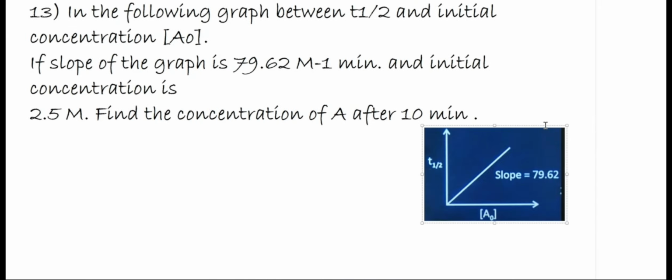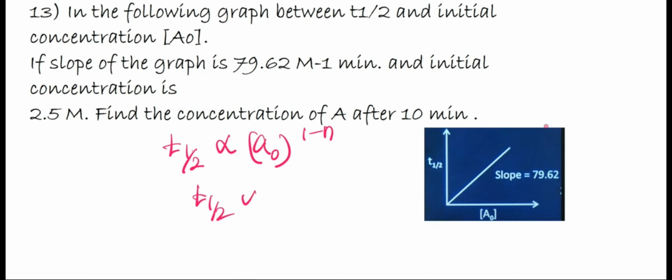Okay. The graph over here, the slope is given as 79.62. Okay, cool. So in that case, just apply it with T half, that is proportional to A naught to the power 1 minus n, is it? So they have given in the graph that T half becomes proportional to A naught.